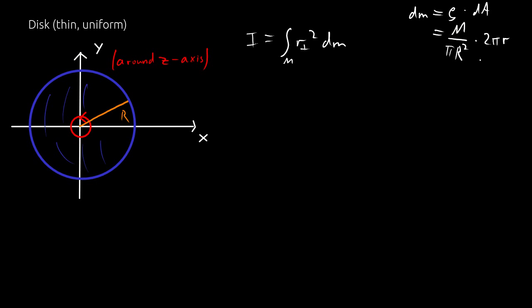And then it's also going to have the width dr. If you just imagine some ring here, this ring is going to have a width of dr, and the circumference is going to be 2 pi r, and we just multiply it by that, and then we are going to have the surface area of this ring.